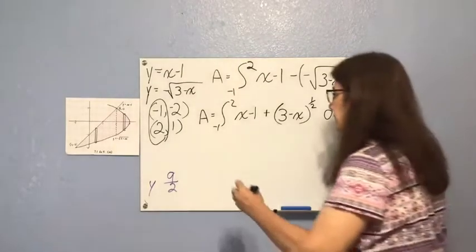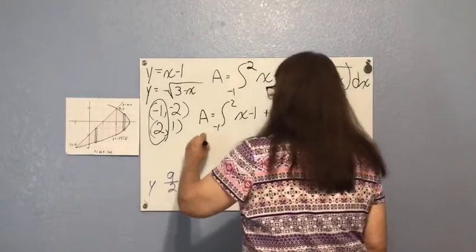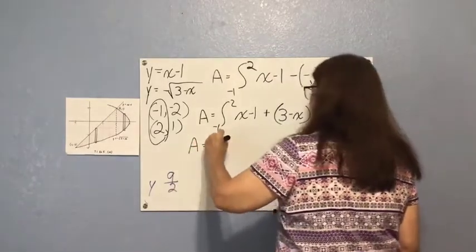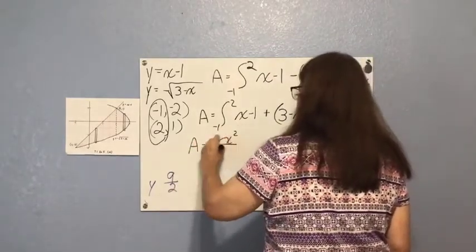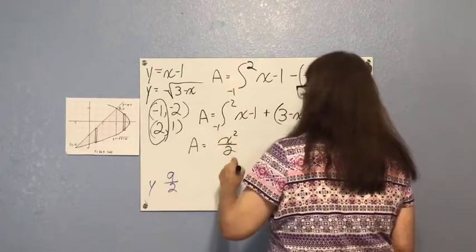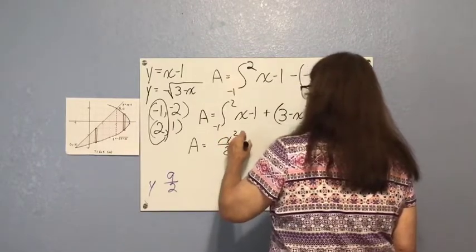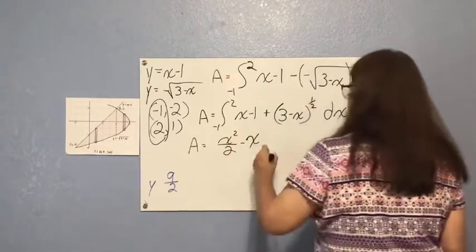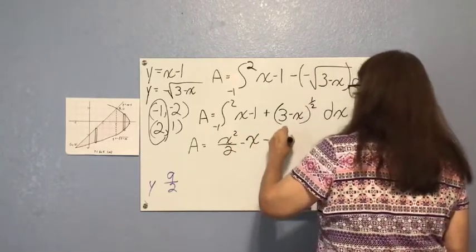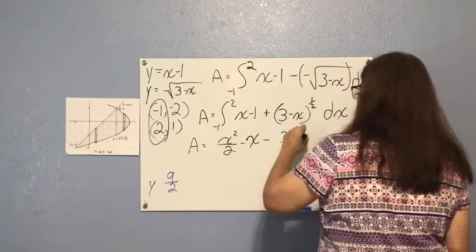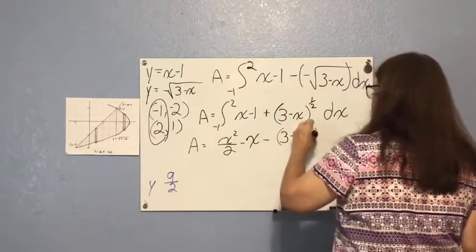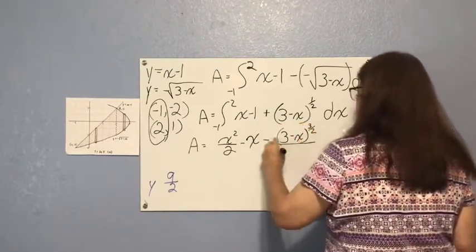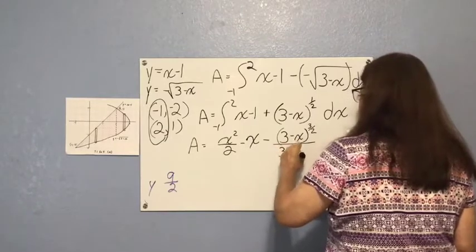Okay, integrating, I'm going to have x squared over 2 minus x minus (3 minus x) to the 3/2 power over 3/2.